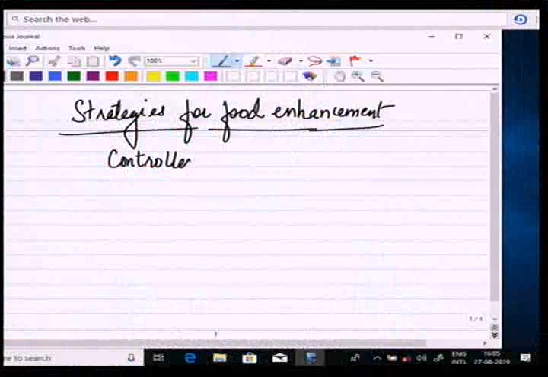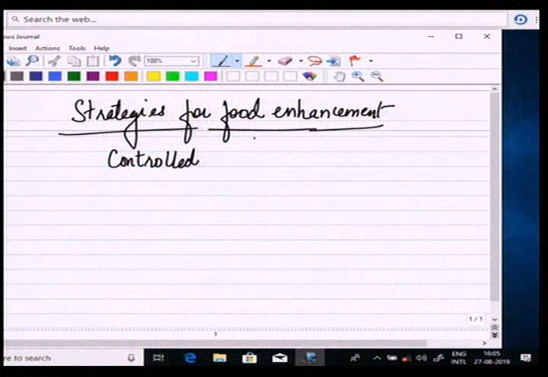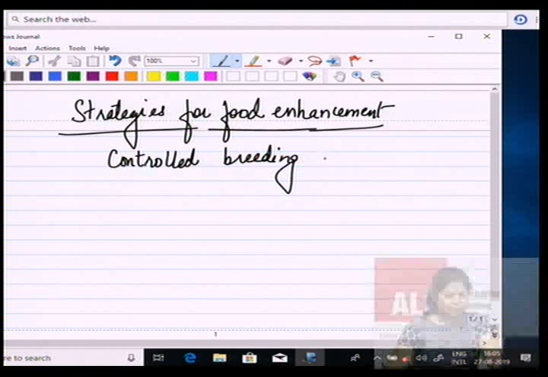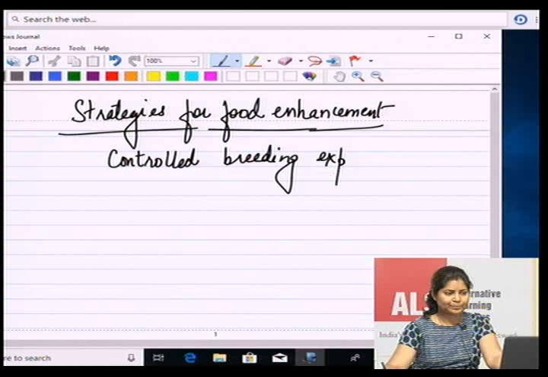So let us start the class, and let me know if you have any problem from the last class. Just message me in the chat box if anything is not clear to you. So I'm starting with controlled breeding experiments. The last topic I discussed was interspecific hybridization, and I'm going to continue with controlled breeding experiments.